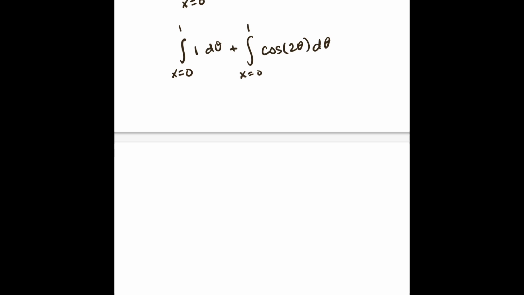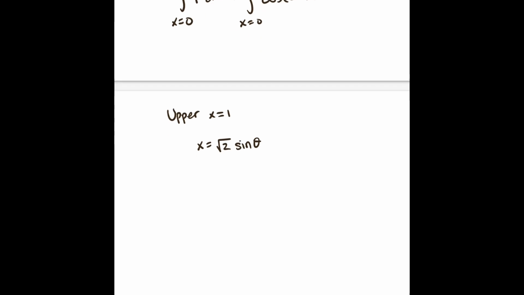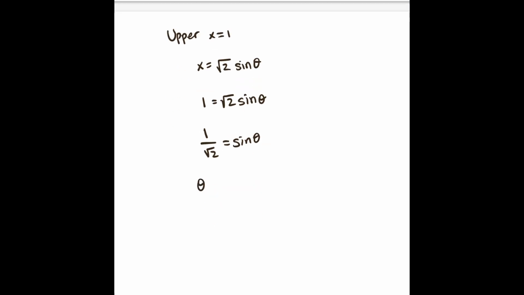Now we need to find the bounds of the integral. So our upper bound is x equals 1, but our substitution was x equals the square root of 2 sine theta. So if x equals 1, we need to solve for theta. And this is the square root of 2 over 2.